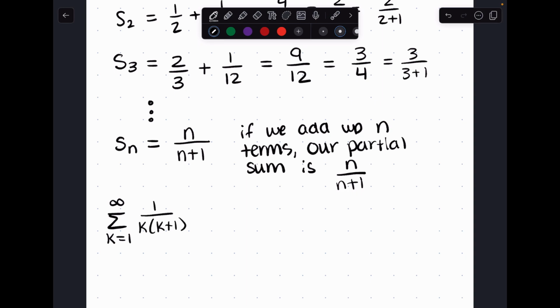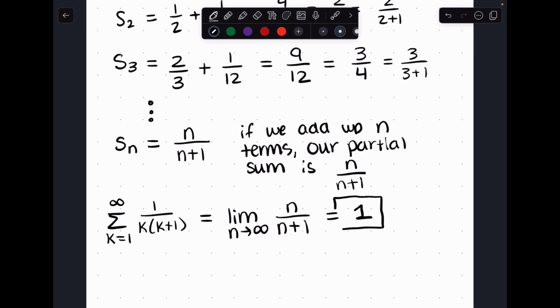When we're looking at our series, what we want to know is if I add up infinitely many of these terms, what is this sum? Well, that's if I take the limit as n goes to infinity of my partial sums. And we evaluate this and get 1.